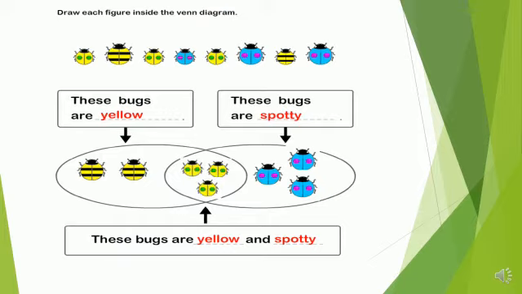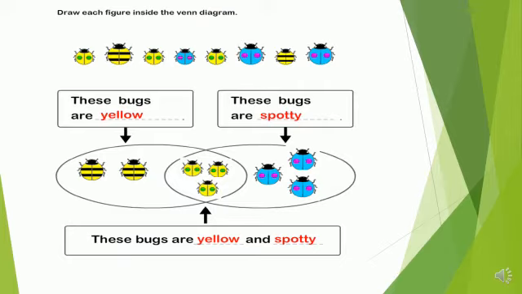So you can draw these 3 bugs. I think you can understand from this picture easily. The first circle is yellow bugs, the next circle is bugs with spots. In the middle of the two circles, I have drawn the bugs that are yellow as well as having spots.